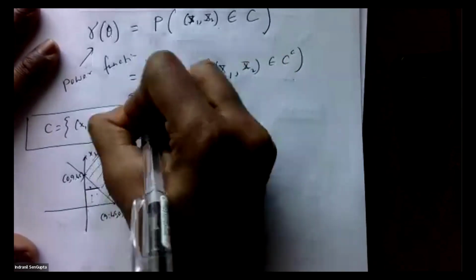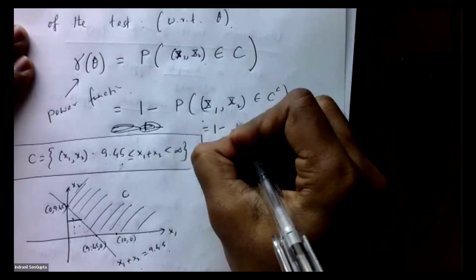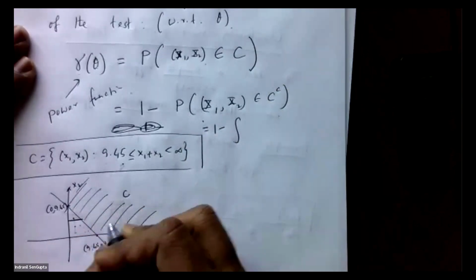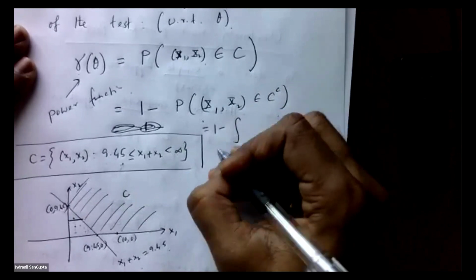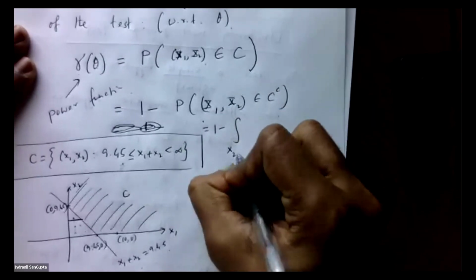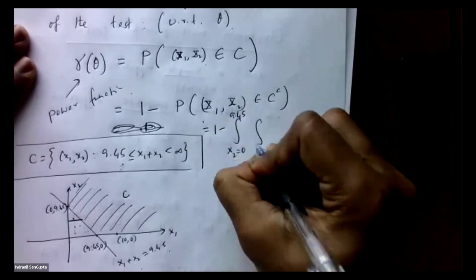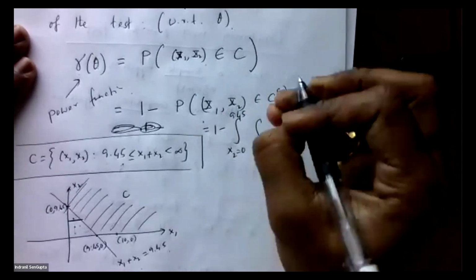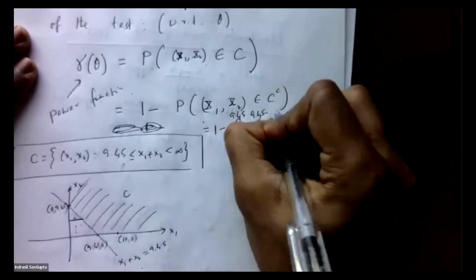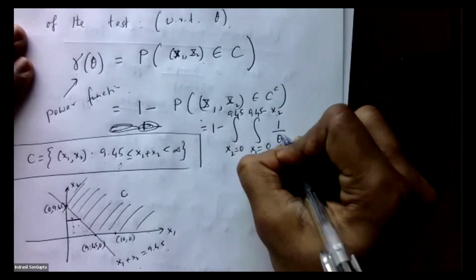So it's basically 1 minus integration of, let's do it here. If I take the x2 variable, it's from 0 to 9.45. And if I take x1 variable, which is from 0 to 9.45 minus x2, and then 1 over theta squared.